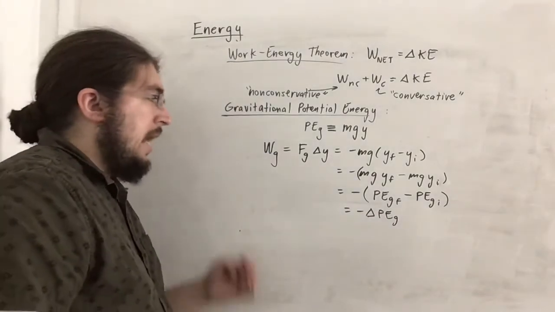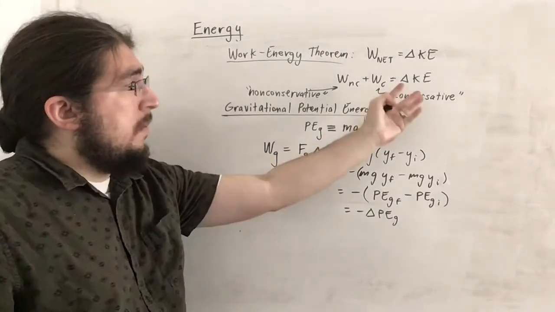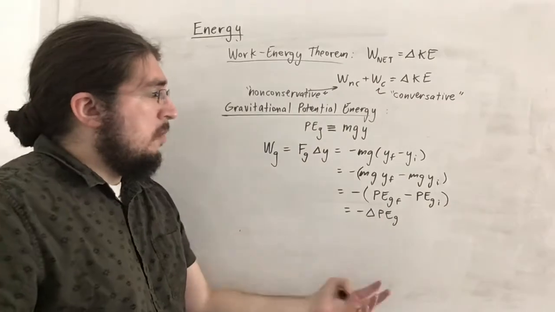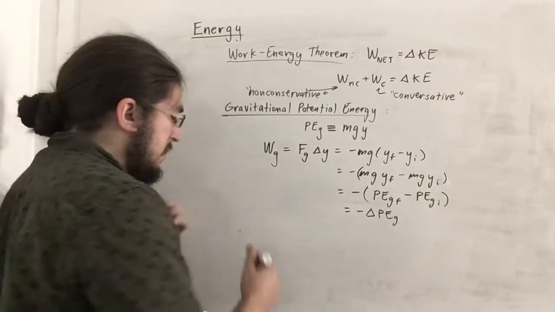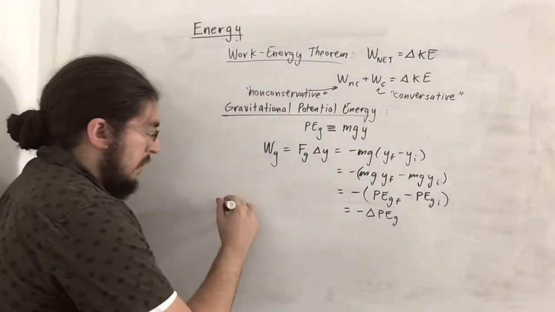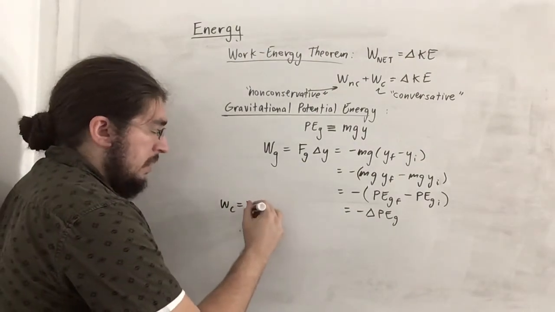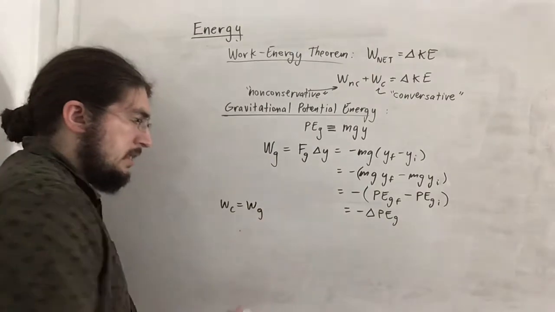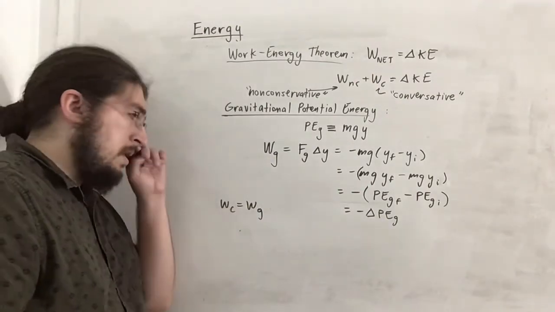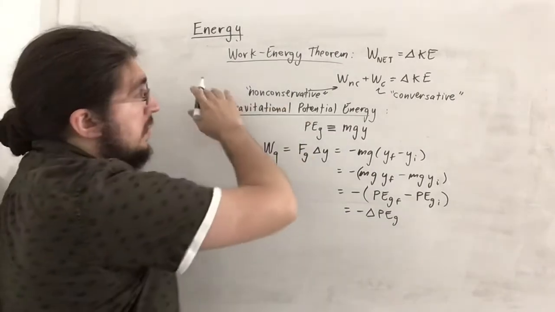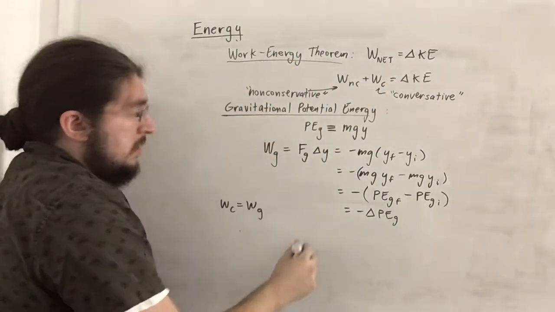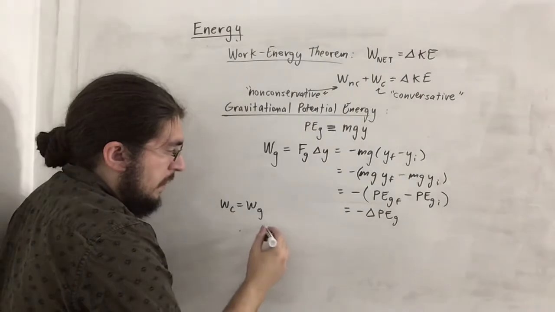Nice. And with this in mind, since gravity is a conservative force, what we can say is, if we are in a scenario where the only conservative work in mind is gravitational work, then this version of the work-energy theorem becomes the following.